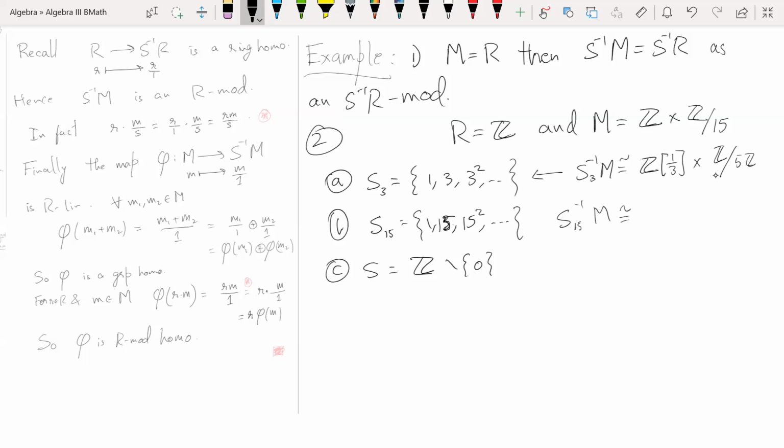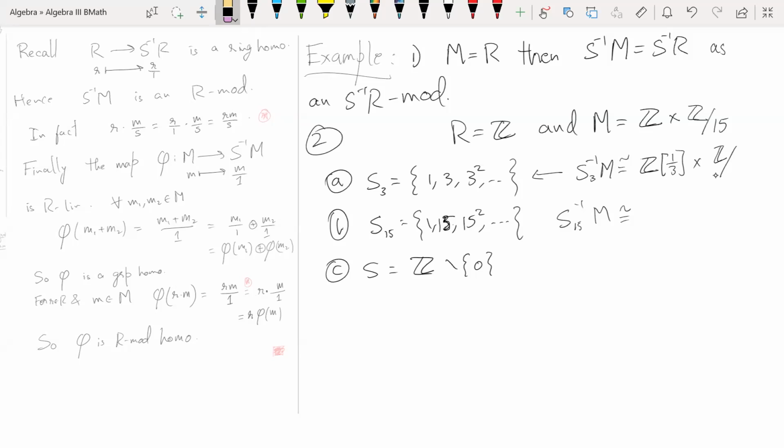S3 is Z adjoin 1 over 3. Okay, so maybe I'll have to think about it a little bit. So these are Z 1 over 3 modules.